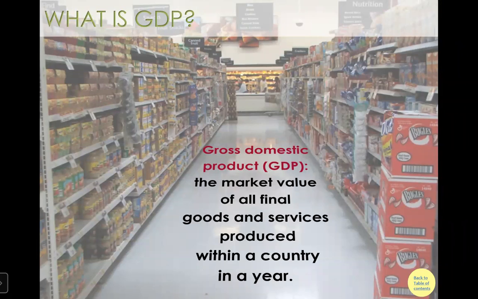So now we are ready to look at the definition of GDP. GDP is defined as follows. It is the market value of all final goods and services produced within a country in a year. There are a few things, so let me break down this concept.